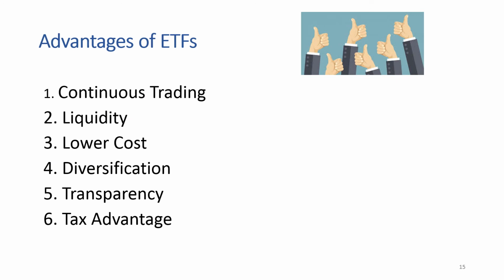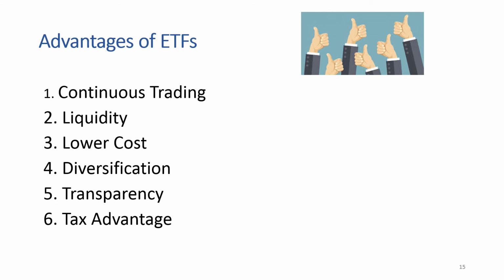Exchange-traded funds have some unique characteristics that may make them useful for some investors. First, continuous trading. A significant advantage of exchange-traded funds over index mutual funds is that they can be bought and sold like common stock through an organized exchange or in an over-the-counter market.